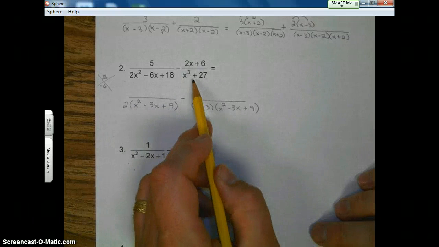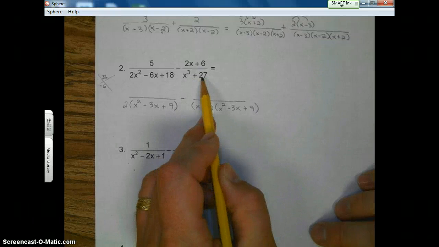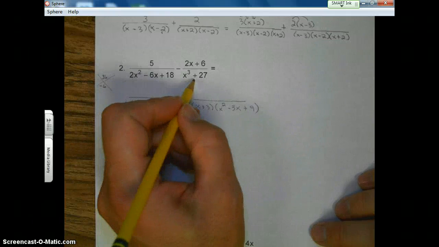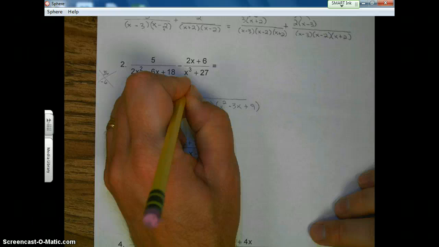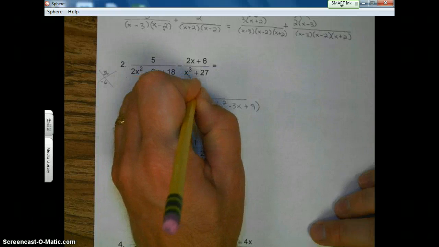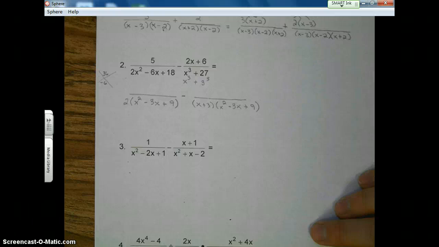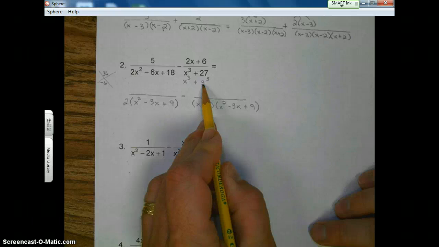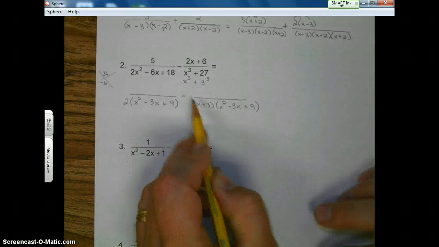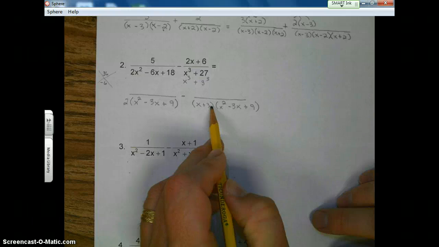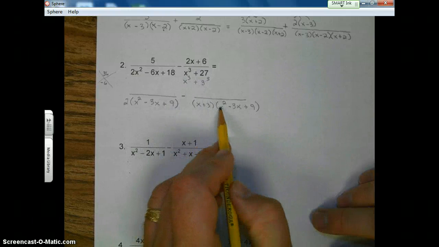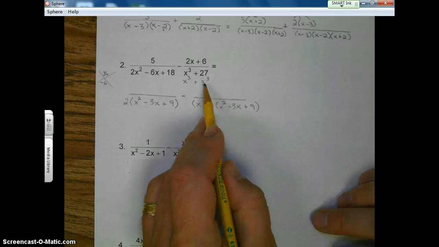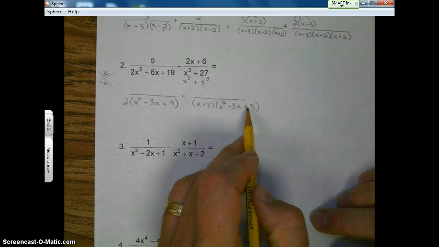Then over here we have the sum of 2 cubes. So remember, to factor this, I needed to put them both in this format. And then this is A and this is B. So x plus 3, then x squared minus 3 times x plus 3 squared.